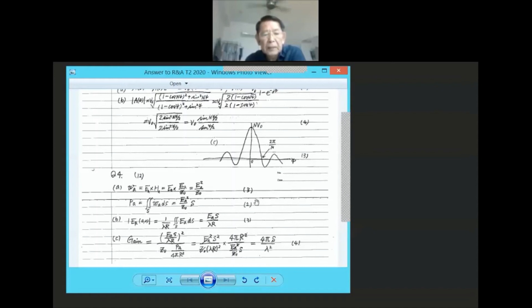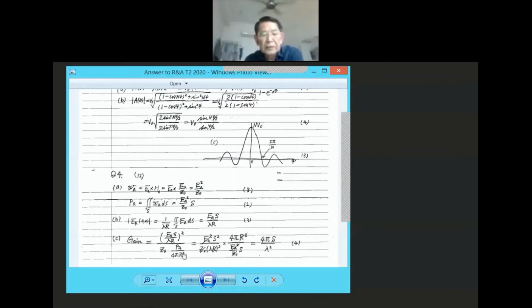So from the definition of gain, which is maybe given in the question, we put in the radiation. The radiation spreads over a spherical area. Antenna power diverges in the sphere.